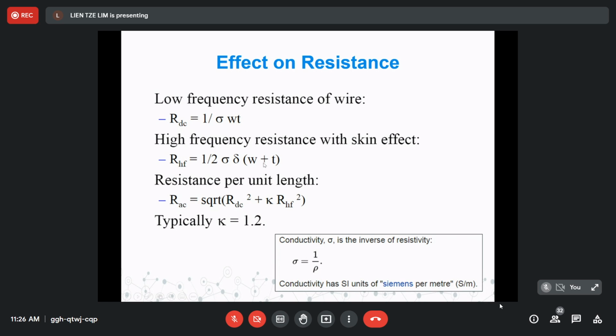This is to show you that the resistance varies from low to high frequency. Here is a formula that shows the conductivity and the resistivity.